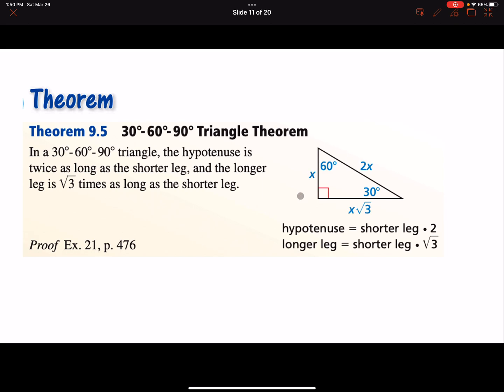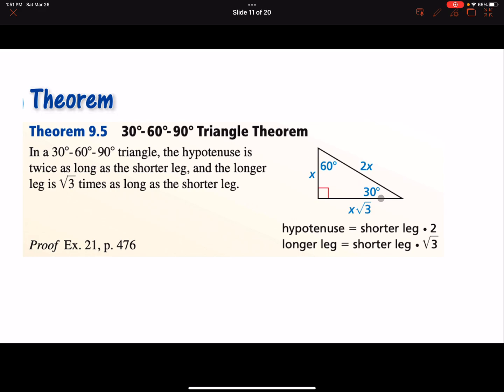Now the pattern for any 30, 60, 90 triangle is that the shortest leg is always x, the longest leg is always x times root 3, and the hypotenuse is always twice the smallest leg, so 2x.